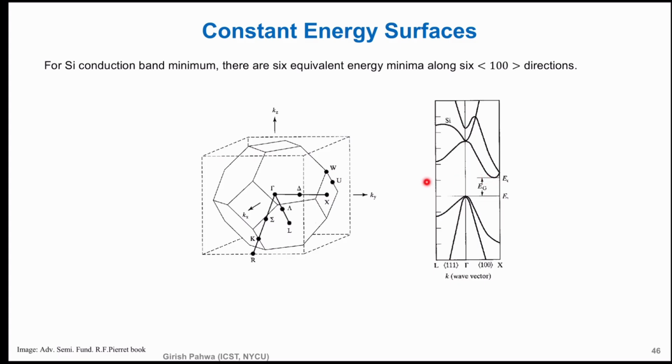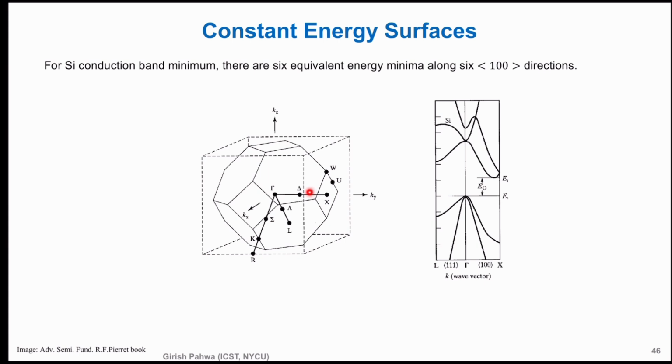Now, because of the directional nature, the minimum is not occurring at the gamma point, it is occurring along a particular direction. So you don't have that much crystal symmetry right now. You had perfect crystal symmetry at the gamma point, but if you go along a particular direction, you don't have that much symmetry.